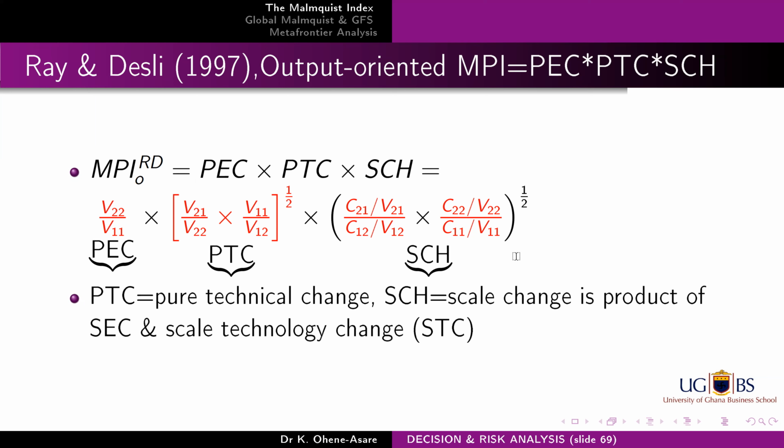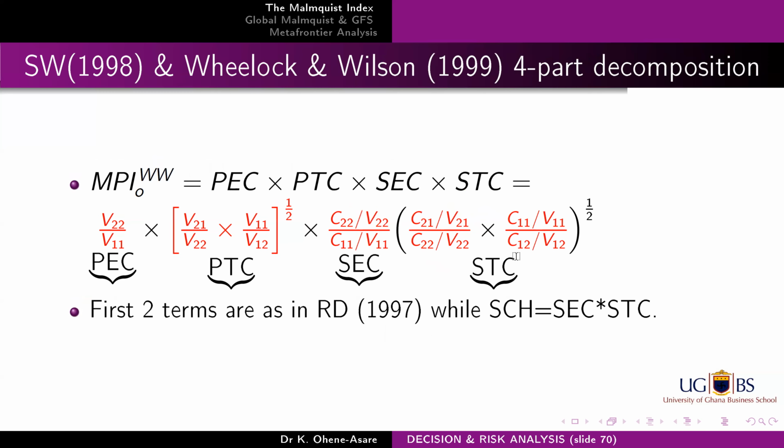And then later on in 1999, Wheelock and Wilson also developed a 4-part, not 3-part, decomposition. This is the one I like because it's not being used much. It also speaks volumes. The interesting thing is that in the efficiency change part, there is both a pure and an impure part.